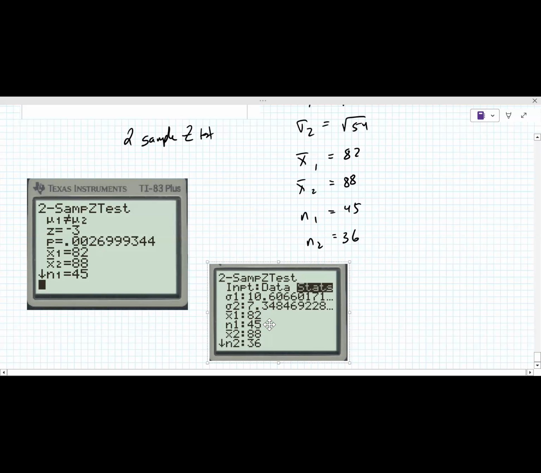Well, go ahead and switch to 45 for N1, and X bar 2 is 88. Okay, I got what you have now.